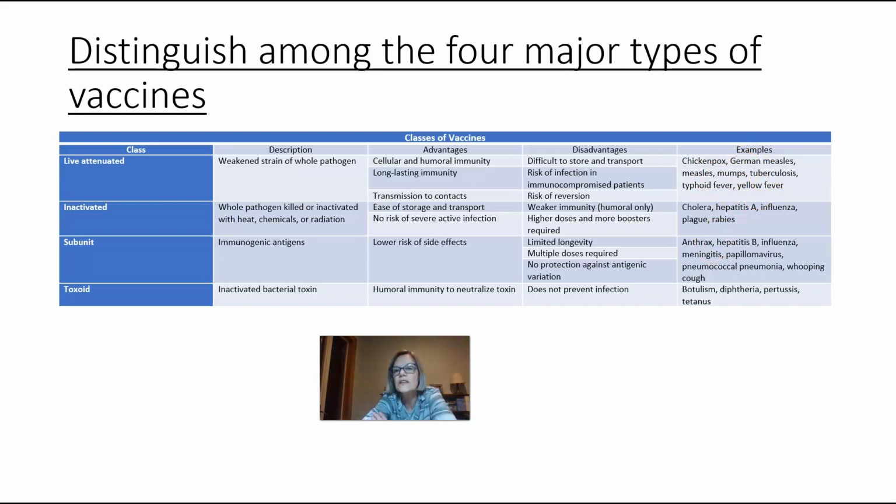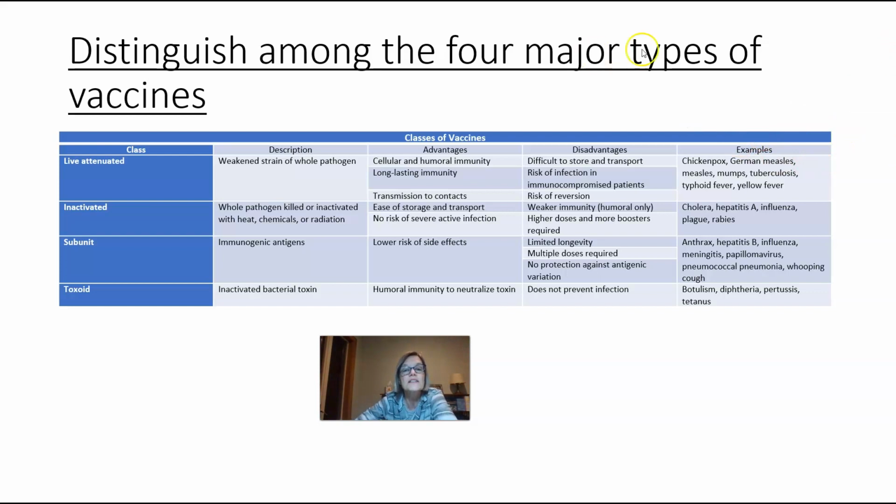In all these cases, these are viruses and they're able to infect us, but they've been weakened in a way that when they do infect us, they don't actually make us sick, but they do stimulate our immune system to make antibodies and make those memory cells.